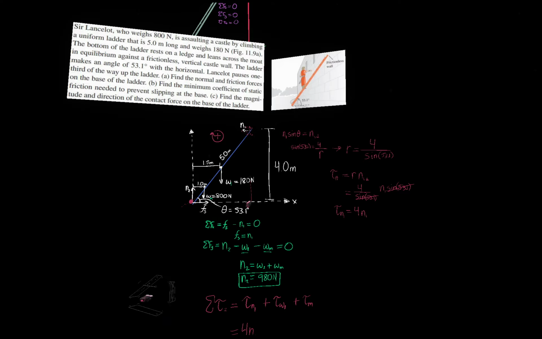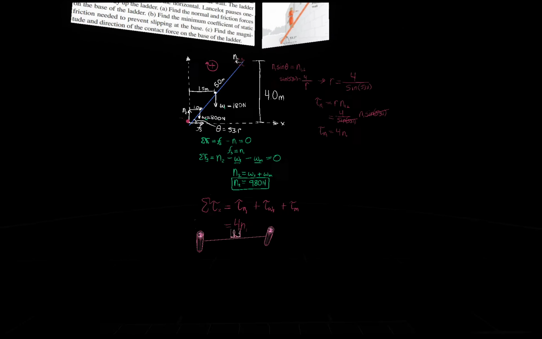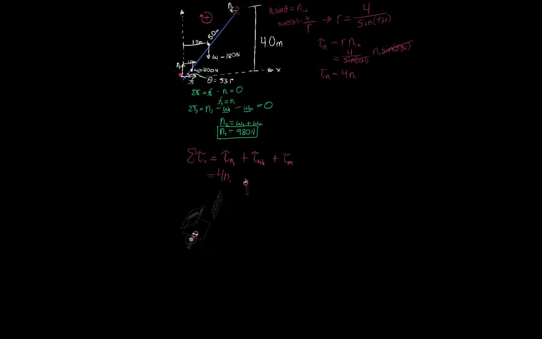And so you can use this distance here, and it cancels out just the same. You can go through it if you want. But I'll go ahead and write it out. So it's going to be minus, because we have negative torque being provided by those guys. So minus 1.5 meters.